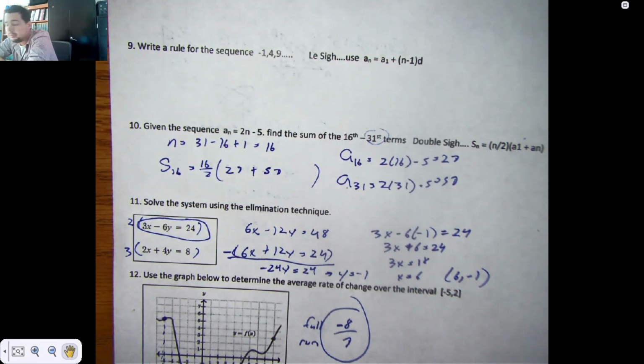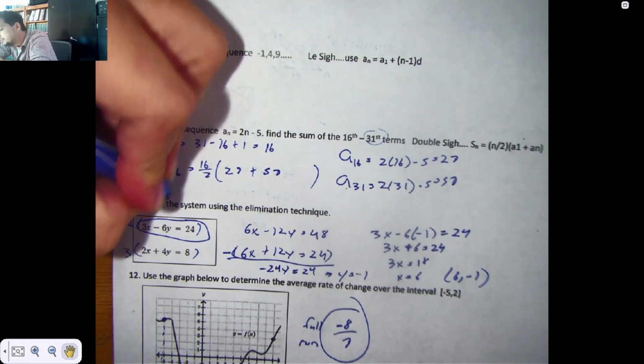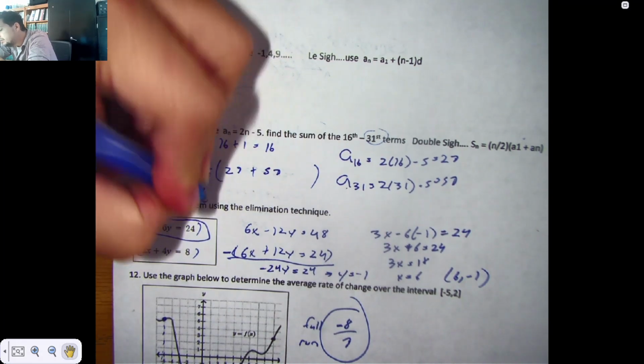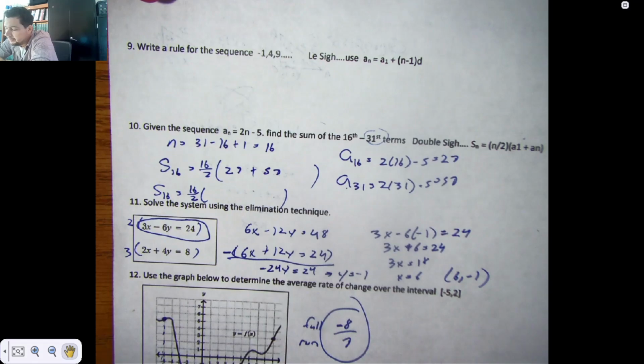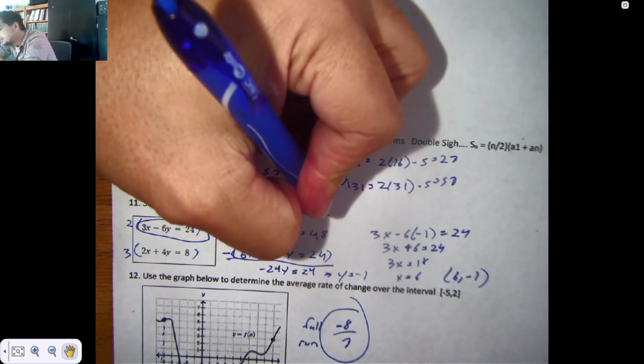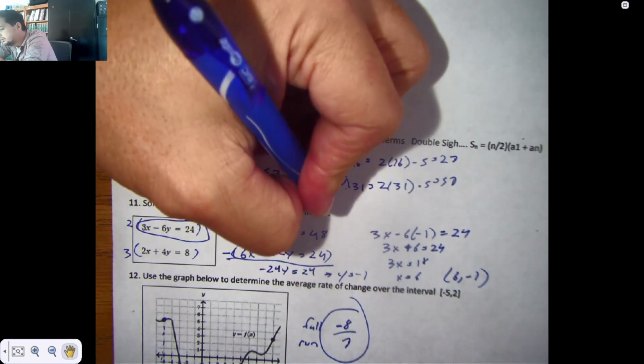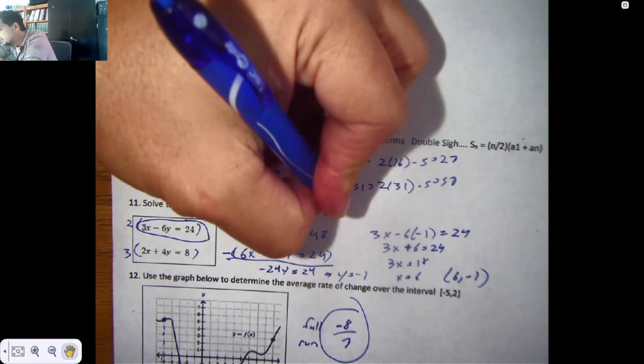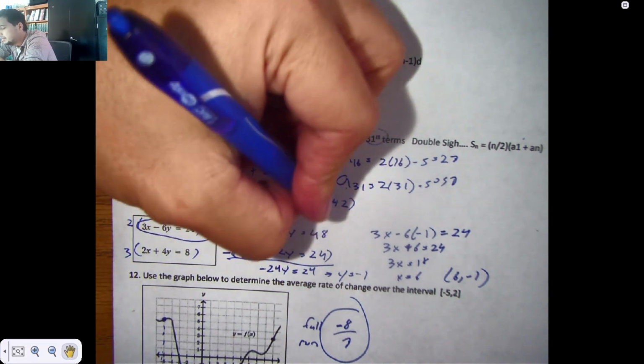So these numbers are going to get pretty big. Sum of 16 is 16 over 2 times 27 and 57, which makes 84, I think. Seems right. Let's see here. Half of 84 would be 42. So 16 times 42.